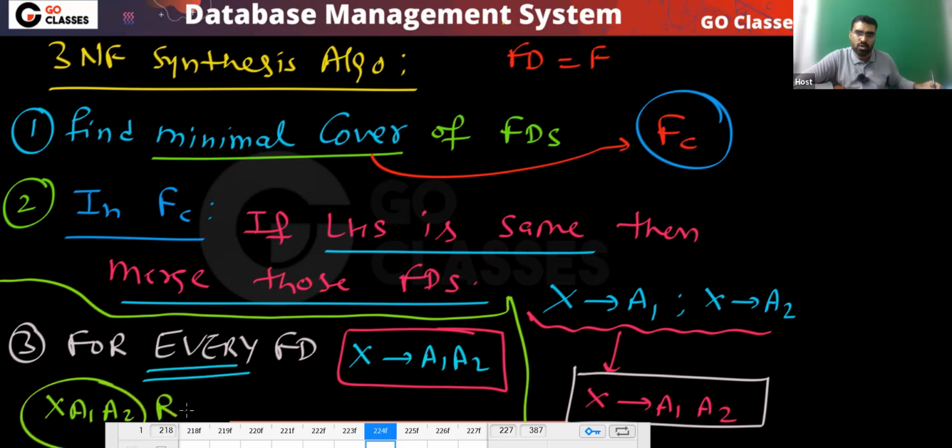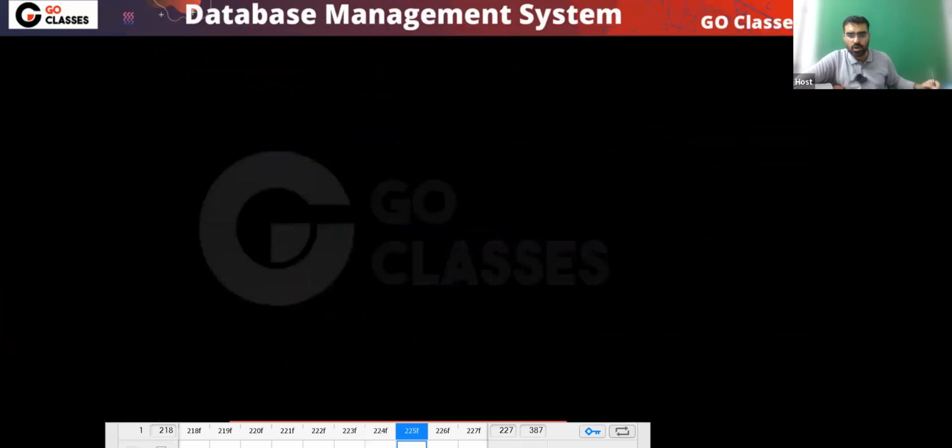Is this clear? You make a table. Are you getting my point? This is what you do. For every FD, not only for violation, you have to do this.